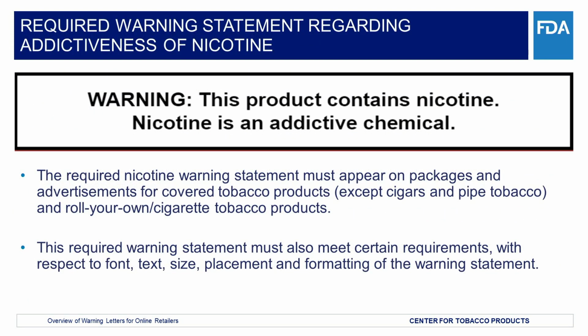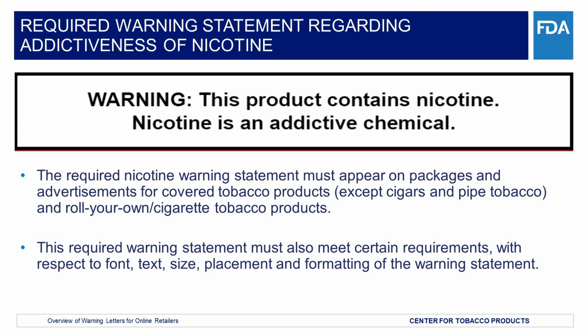A covered tobacco product is any tobacco product deemed to be subject to the FD&C Act under 21 CFR 1100.2, but excludes any component or part that is not made or derived from tobacco. For example, cigars, liquid nicotine, hookah, water pipe tobacco, and pipe tobacco would be considered covered tobacco products, while vaporizers or pipes that are not preloaded with tobacco or tobacco-derived substance would not.